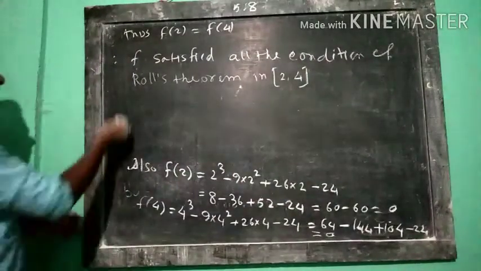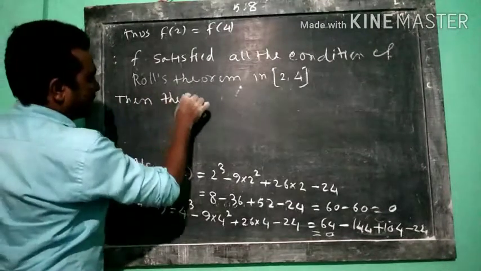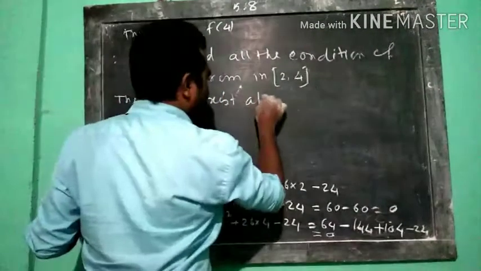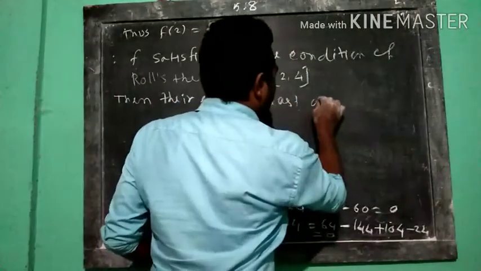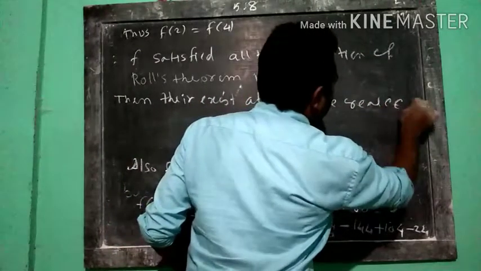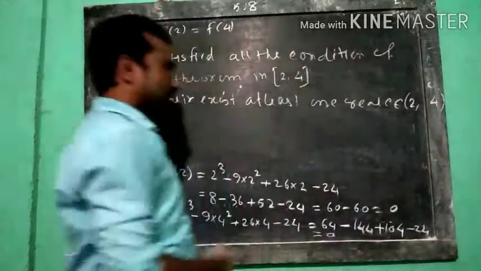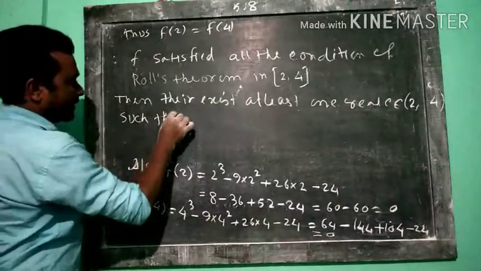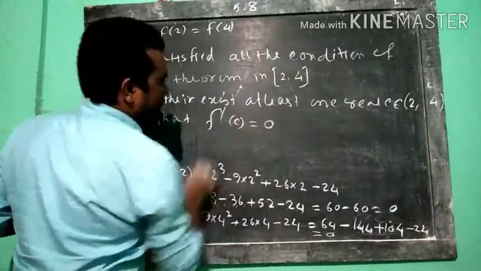Then there exists at least one real c belonging to the open interval 2 comma 4 such that f'(c) is equal to 0.